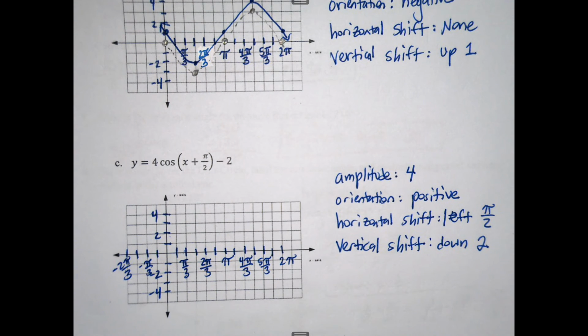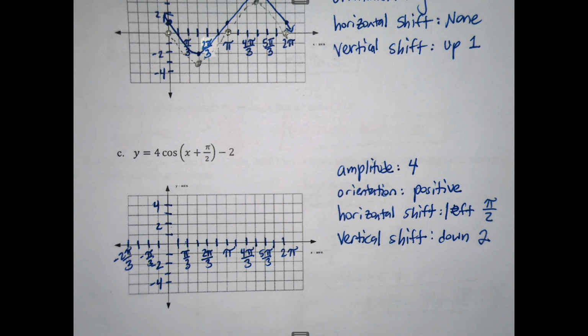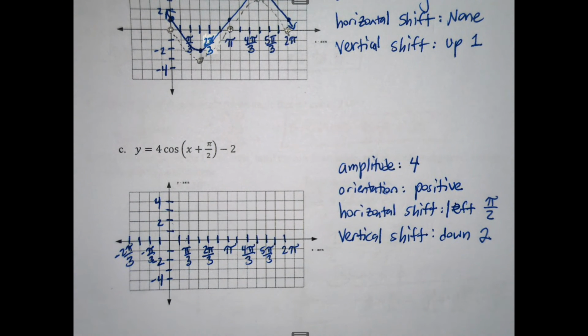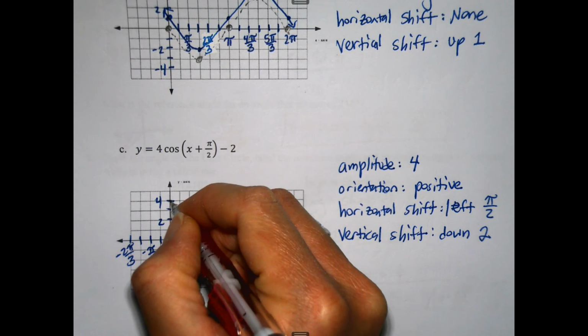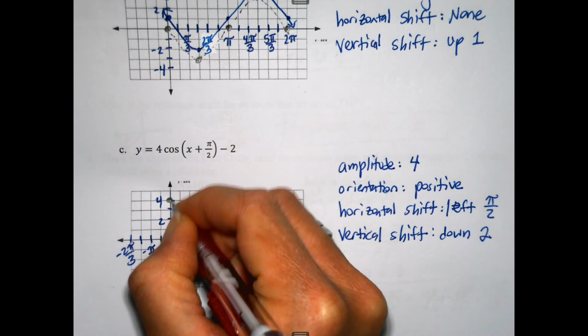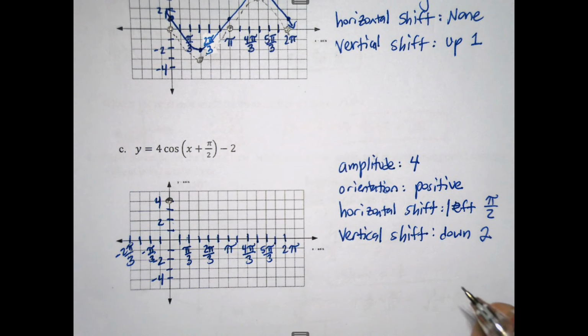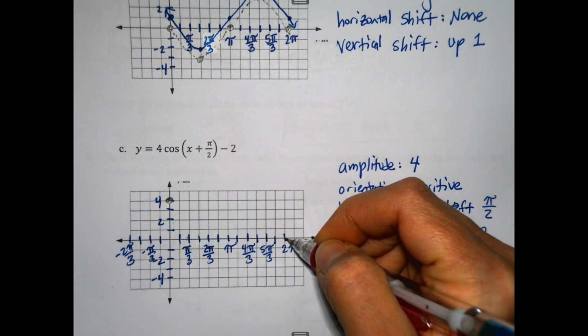Okay. So I'm going to draw my shape with my amplitude. This is a cosine function. Cosine functions start at either a maximum or a minimum on the y-axis. And so since the amplitude is 4, I'm going to start up at positive 4, and then they have a cycle of 2 pi.